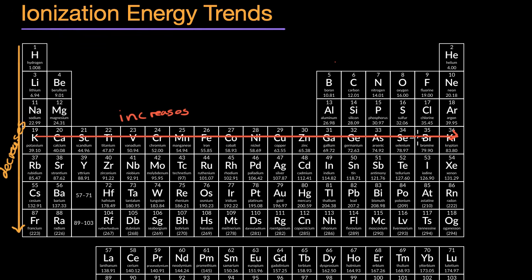It's going to pull more and more on those outer electrons. And remember, you have the same number of core electrons because you're just adding to the outer shells right over here. And so it's going to pull harder and harder on them and bring them closer and closer. And we saw that atomic radii decreases as you go from left to right. And so it makes sense that ionization energy increases. It's going to be harder and harder to pull off that highest energy electron from, say, bromine than it would be from, say, potassium.